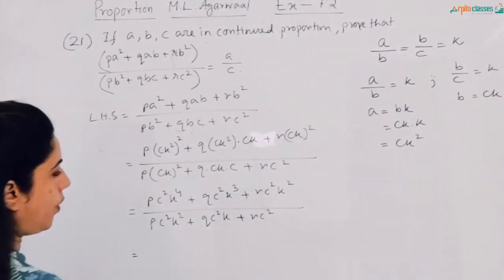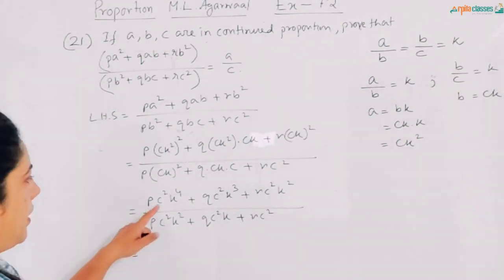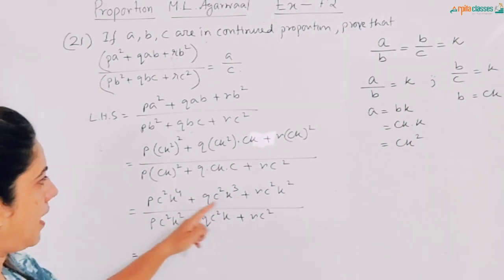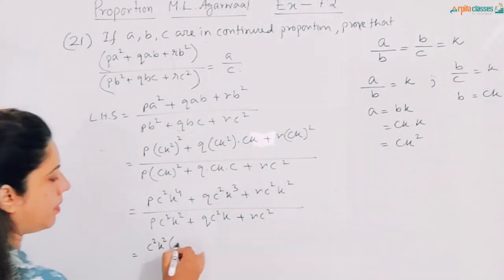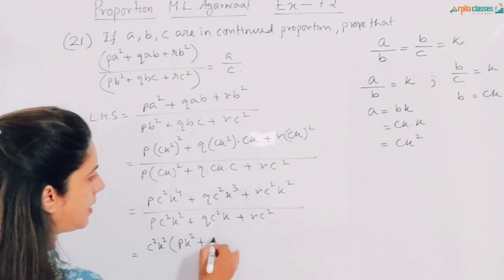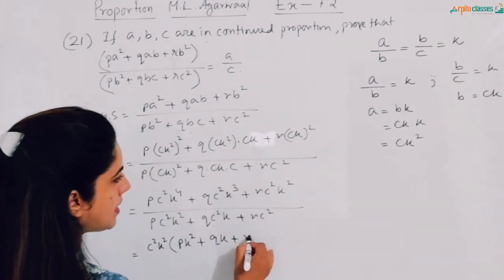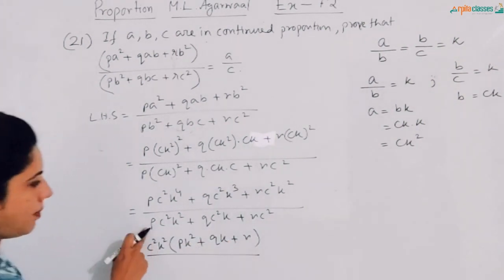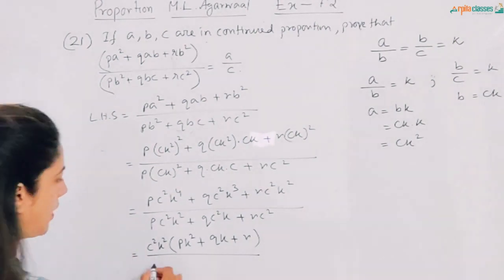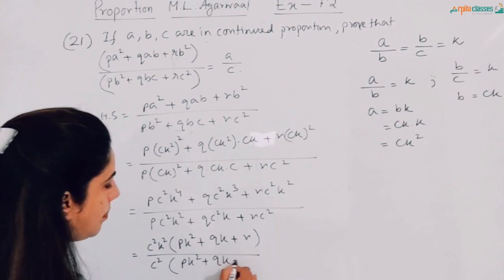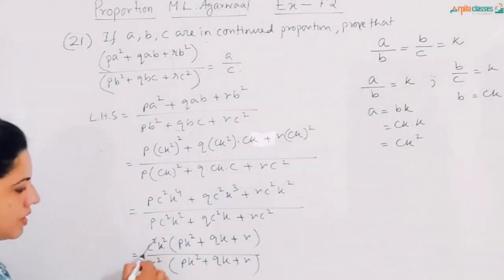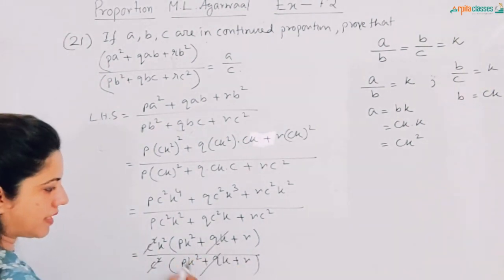Now from the numerator what I can take common is C square is there everywhere and K square. So I can take C square K square common. So it will be (P K square plus Q K plus R). Down from the denominator I can take C square common. So it will be (P K square plus Q K plus R). So from here C square and this whole thing is cancelled.